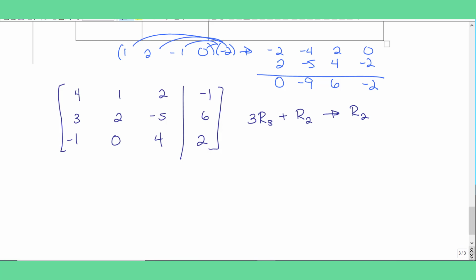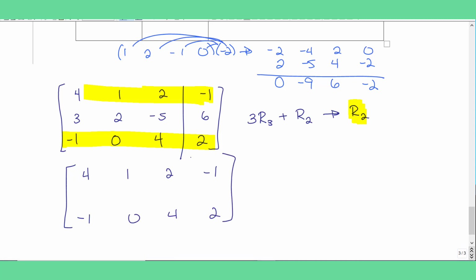What would you do? Well, my suggestion would be, okay, what am I going to change? Only row 2. So that means row 1 and row 3 stay the same. So I would recopy those and say that's 4, 1, 2, -1, -1, 0, 4, 2.